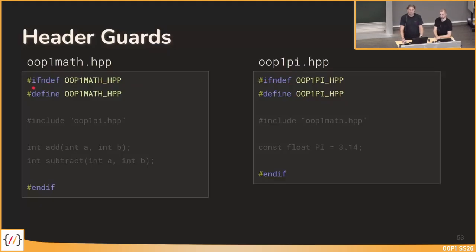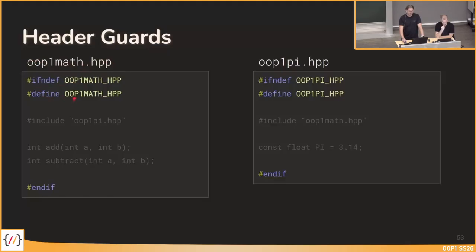So this means if not defined OOP1 nav underline HPP, actually you can name this whatever you like, but it's quite common to use the same name as the file name.